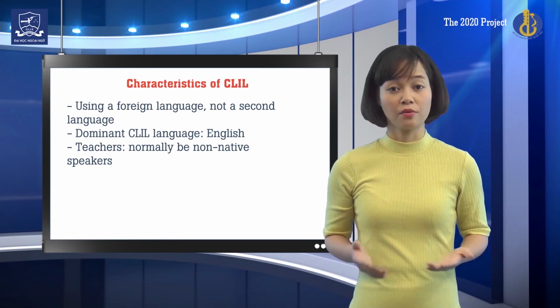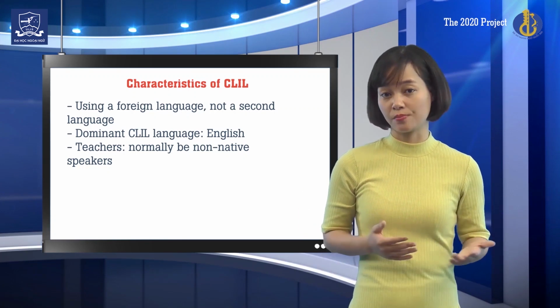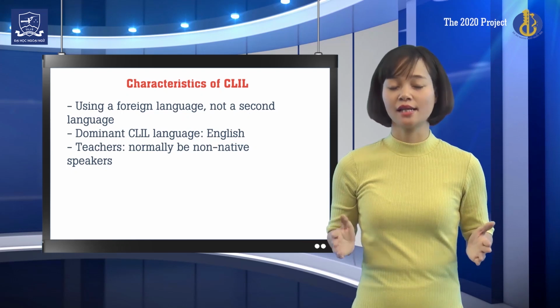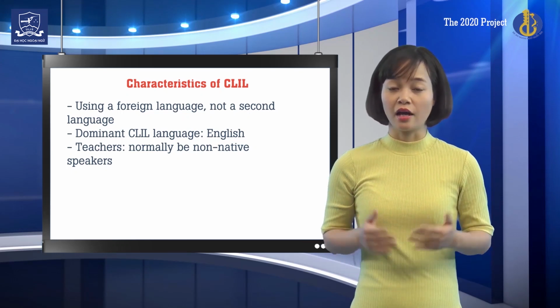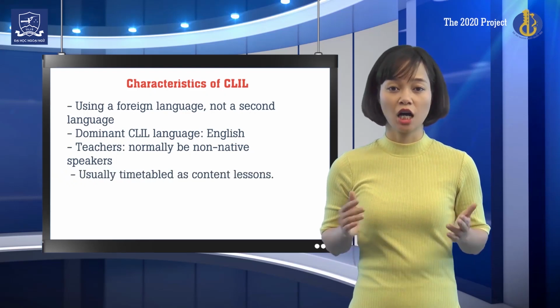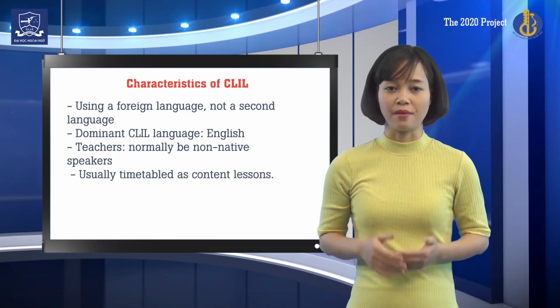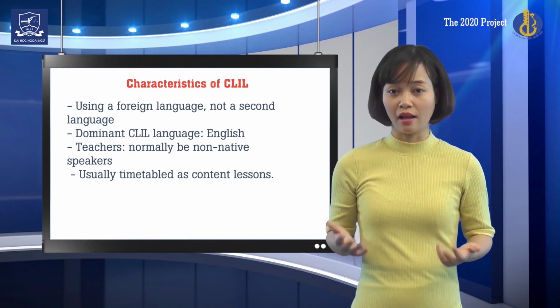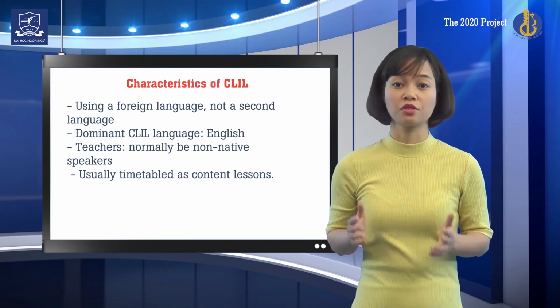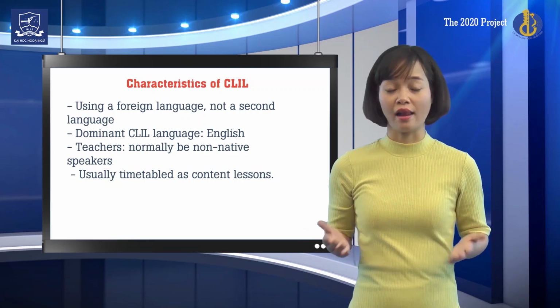They are not, in most cases, foreign language experts, but instead content experts. Next, CLIL lessons are usually timetabled as content lessons such as biology, music, geography, and the target language normally continues to be taught in other foreign language lessons.